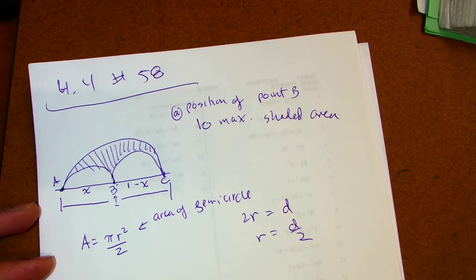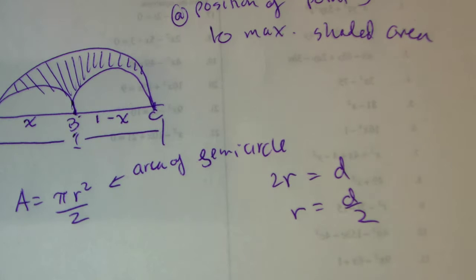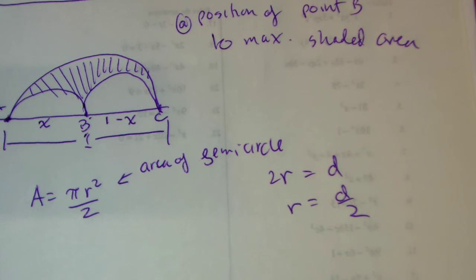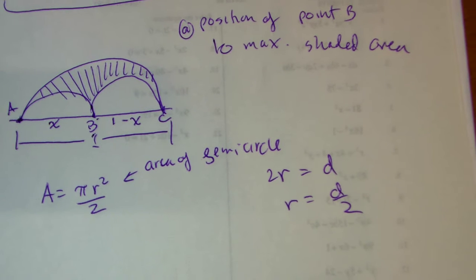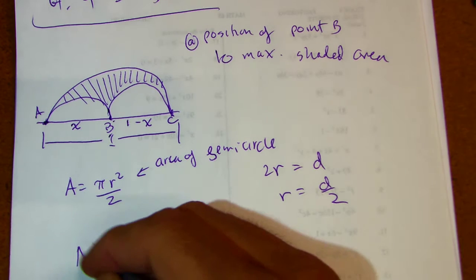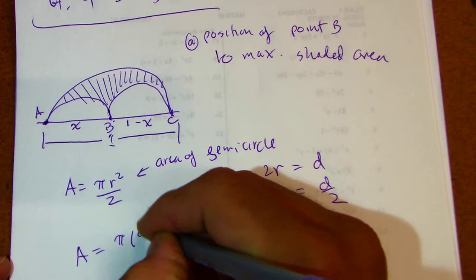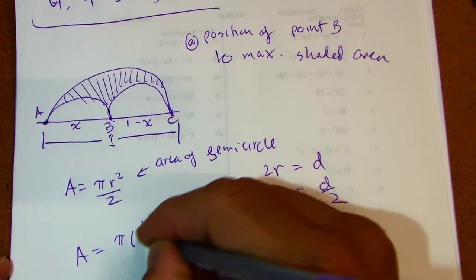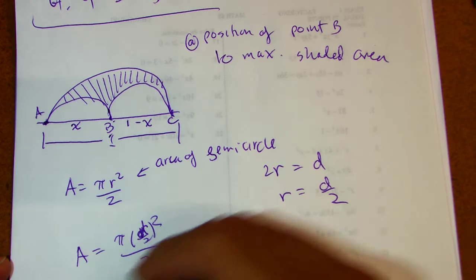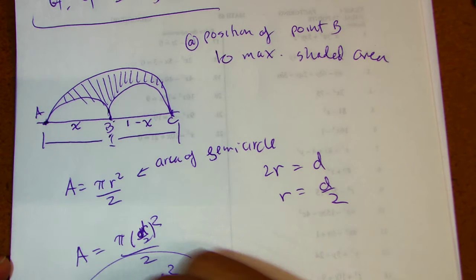Using that, let me plug this in here. So the area would be pi d squared over 8.